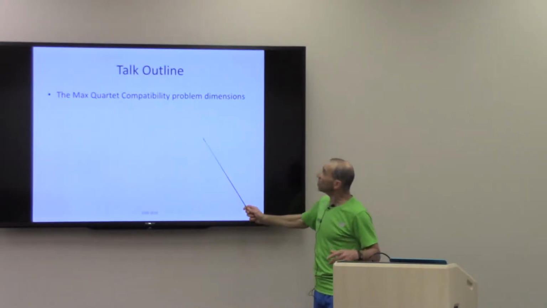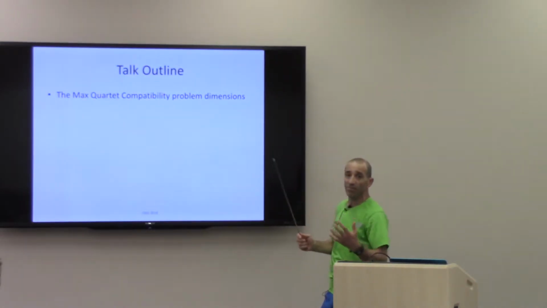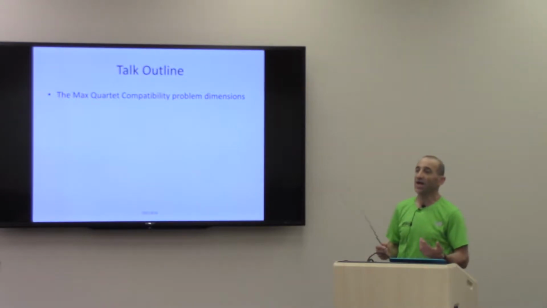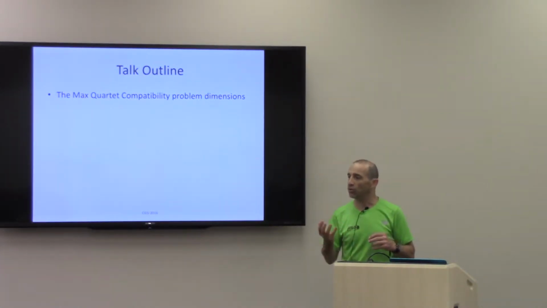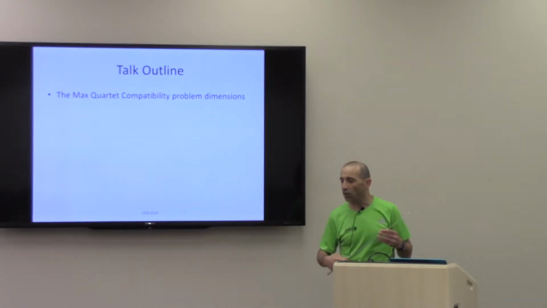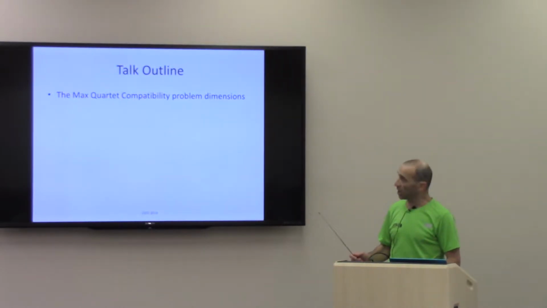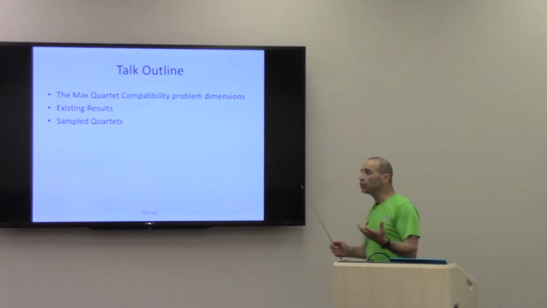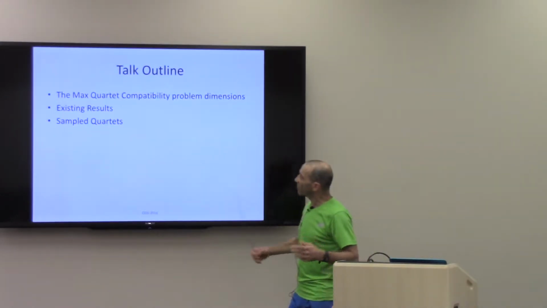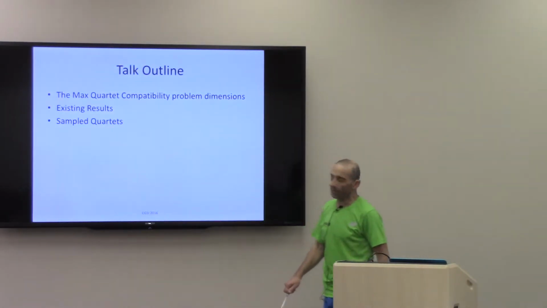We will show today several dimensions of this problem. Like I told you and you could feel yesterday, the talks are more in the context of combinatorics or basic algorithms. This is quite standard in algorithms. We start with existing results. We define a new and imperative variant called sample quartets.